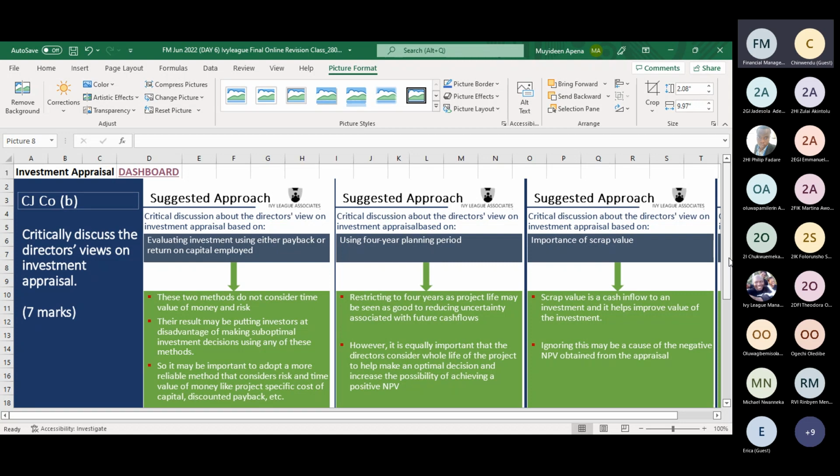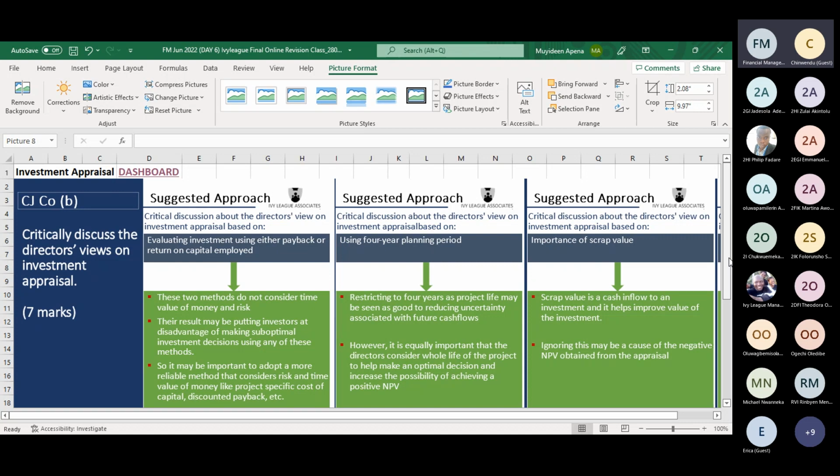Also, you are saying that their view may be putting investors at the disadvantage of making suboptimal investment decisions if they are using any of these methods. The reason is that these are not considering time value of money and also not considering risk. So in the event of risk, what happens?